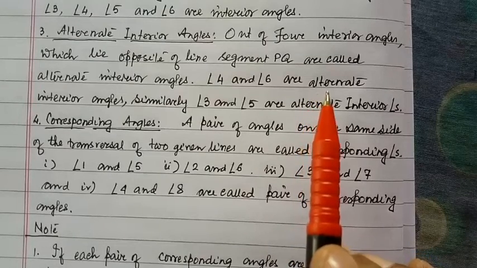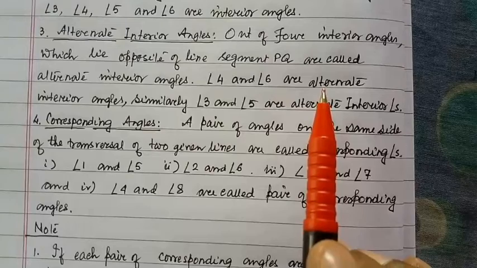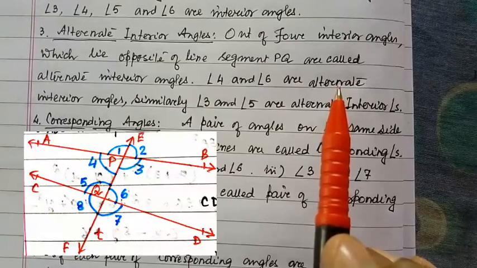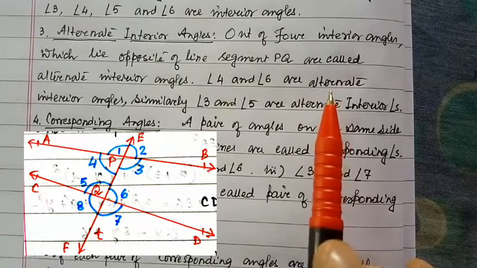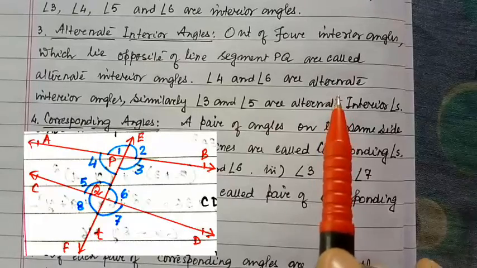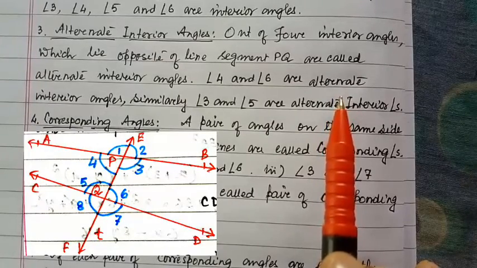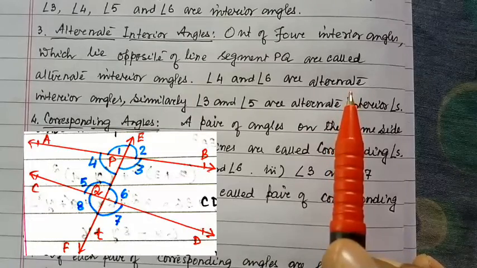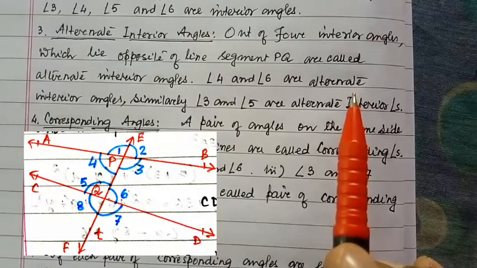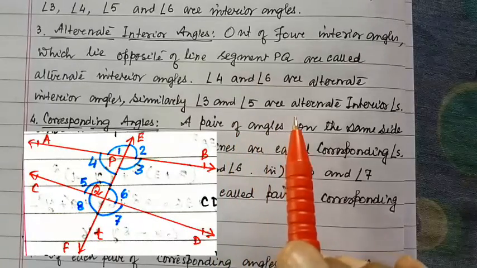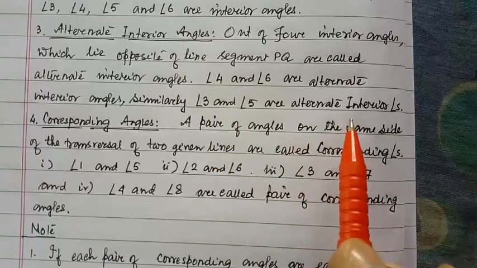In this regard, angle 4 and angle 6 lie opposite to the line segment PQ. Therefore, angle 4 and angle 6 are alternate interior angles. Similarly, angle 3 and angle 5 lie opposite to the line segment PQ. Therefore, angle 3 and angle 5 are alternate interior angles.